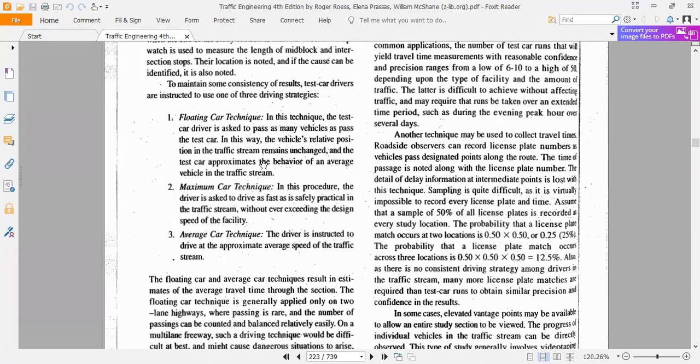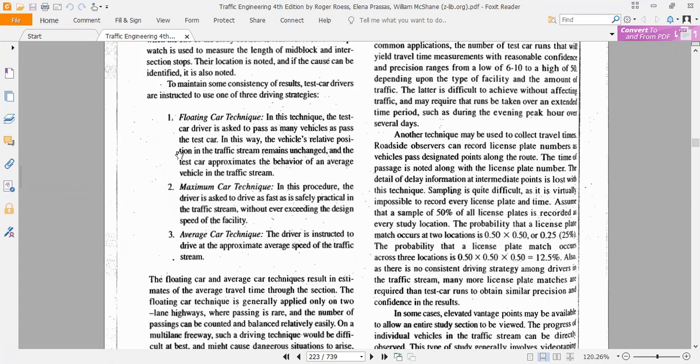Now, using this technique, there are different test car drivers and they are instructed to use one of three driving strategies. The first strategy is the floating car technique. In the floating car technique, the driver is instructed to just move with the traffic. I mean that if five vehicles overtake him, he must also overtake five vehicles.